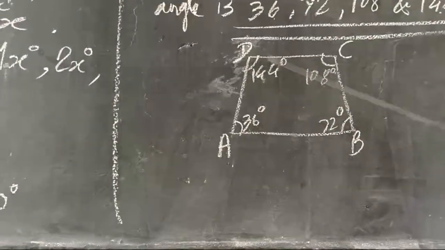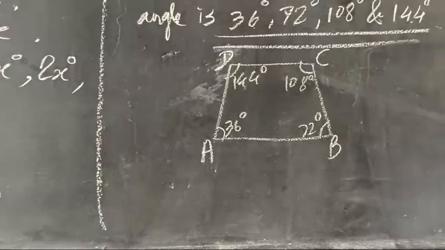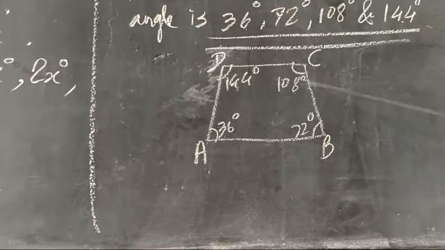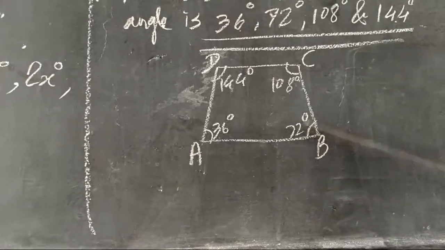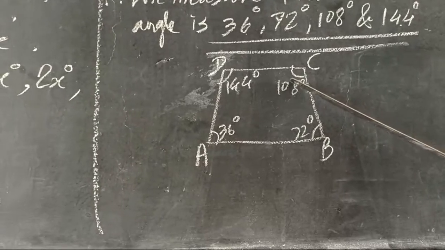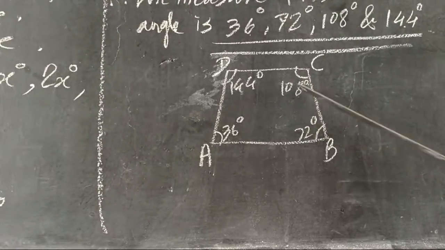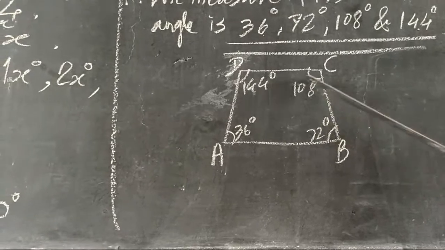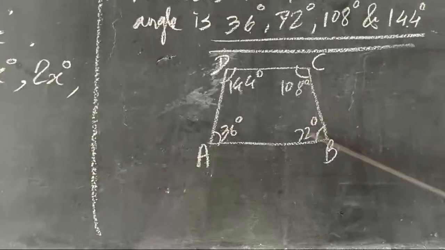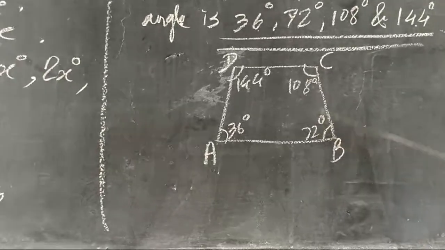Here we get 180. Suppose this is the transversal, then these angles are also interior angles, and interior angles are supplementary, means their addition is 180 here also.